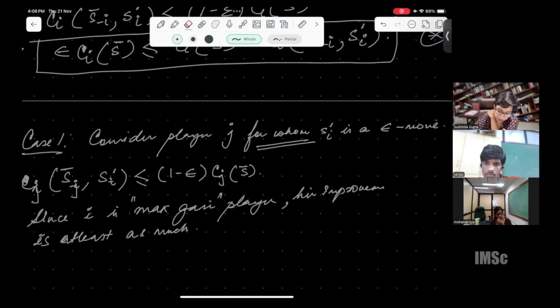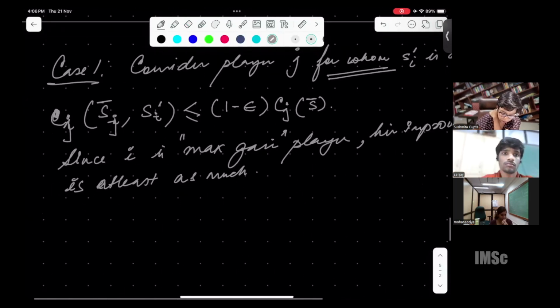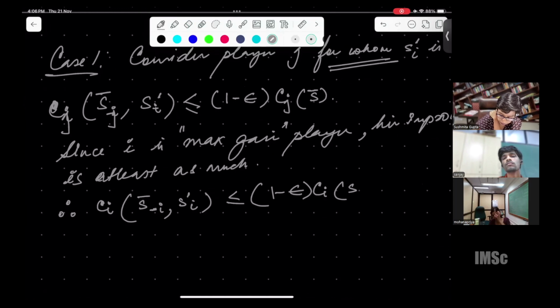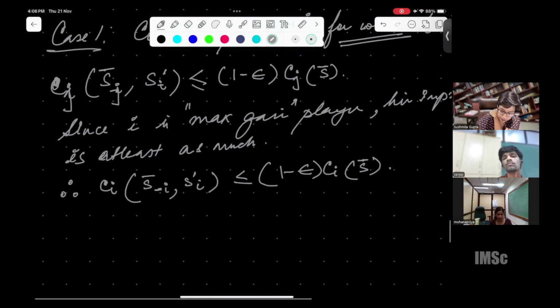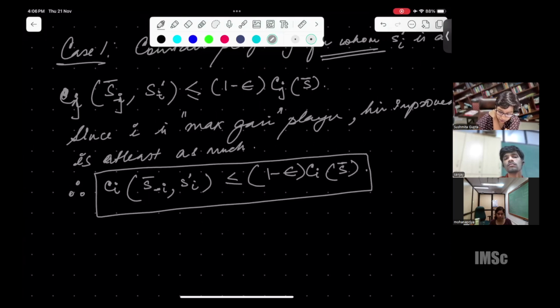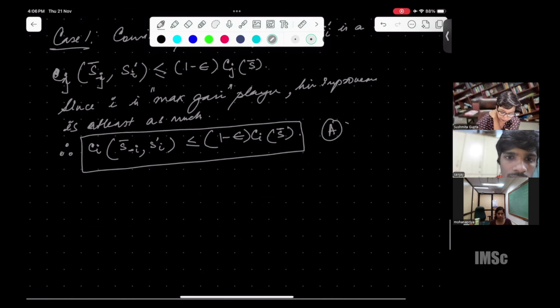Therefore, we can say that the player CI has this. Okay. So let's call it condition A. This is a max gain condition.